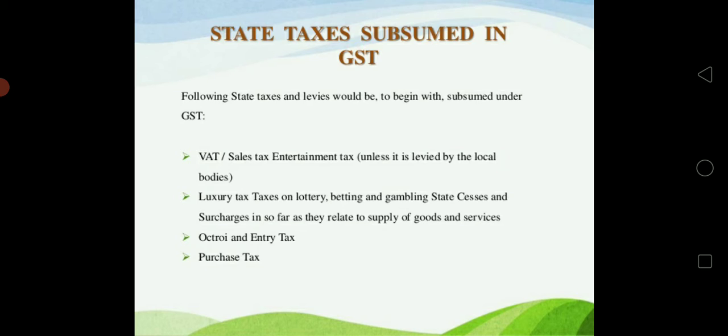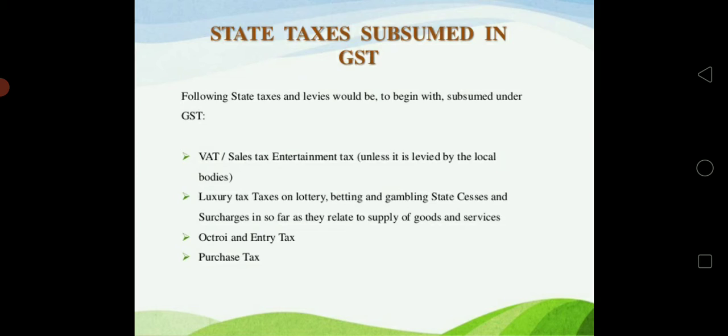Here VAT is a consumption tax that is placed on a product whenever value is added at different stages of production. And next comes entertainment tax, and this tax includes exhibition, performance, amusement, game, sports or race, including horse race and exhibitions of films. Such entertainment comes under entertainment tax, collected from the consumers and passed on to the government.